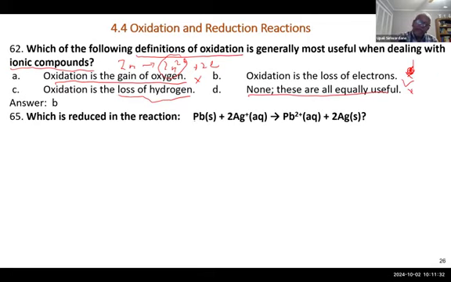If you look at this equation involving lead metal, first one is lead metal, and aqueous silver ion. This is a net ionic equation for the redox reaction.